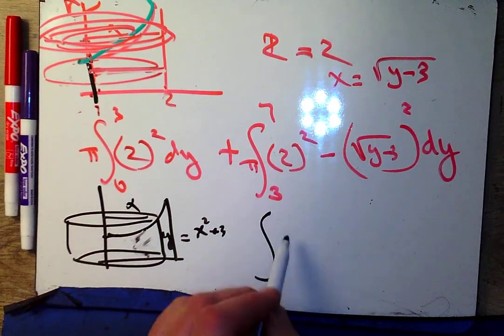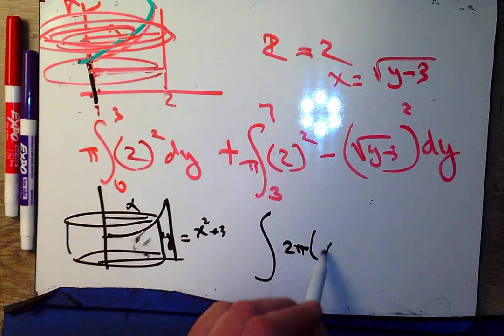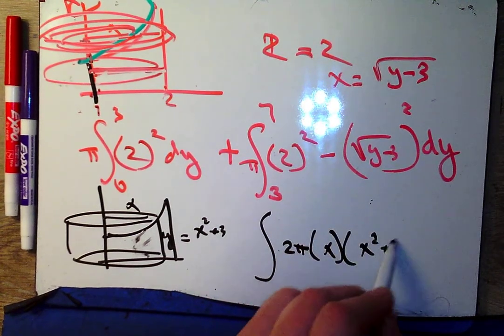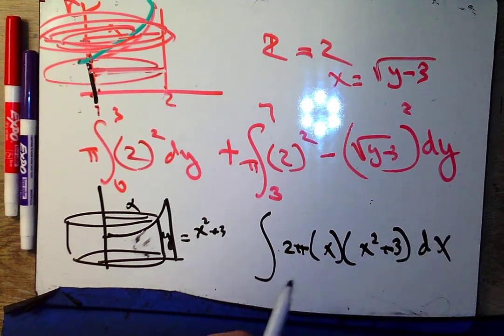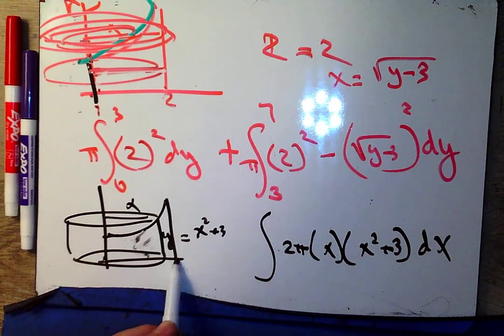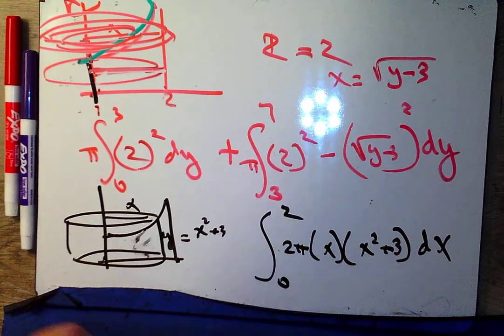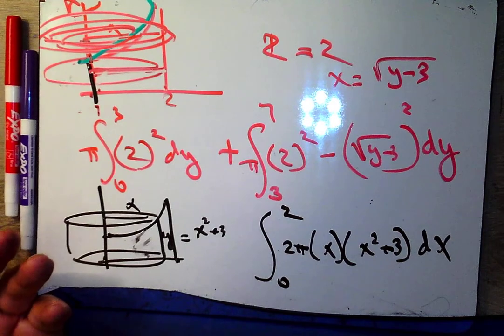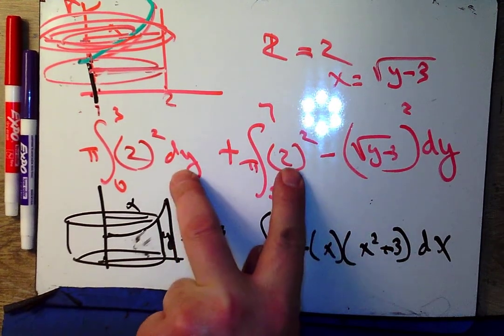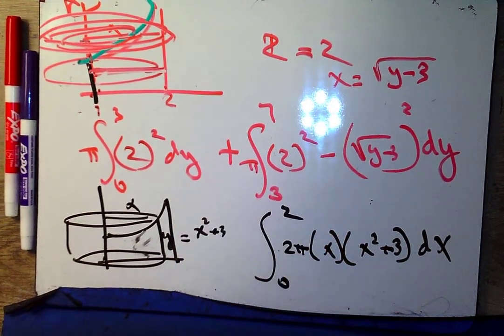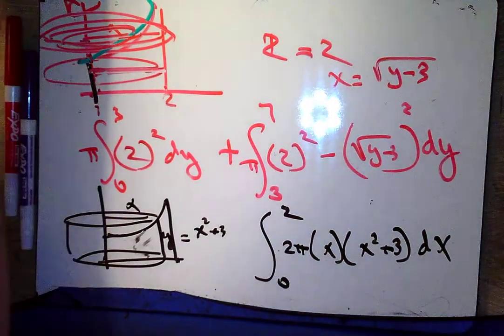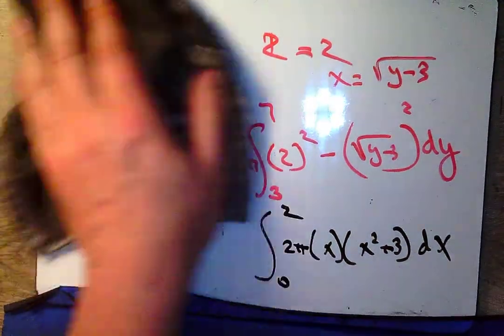So my integral is 2 pi x times x squared plus 3 dx, and we're going from here to here, 0 to 2. Yeah, like I said, a tough washer, easy shell. And a tough shell can always be an easy washer as well.